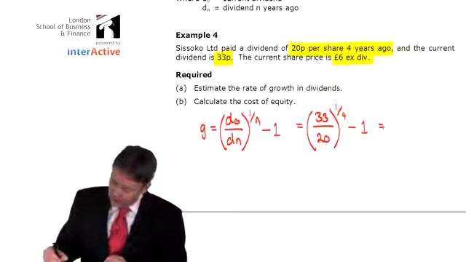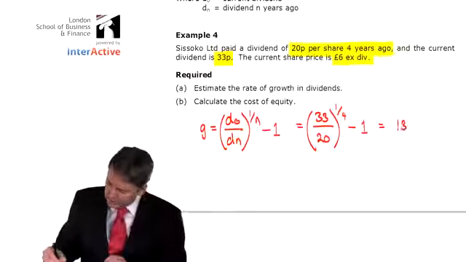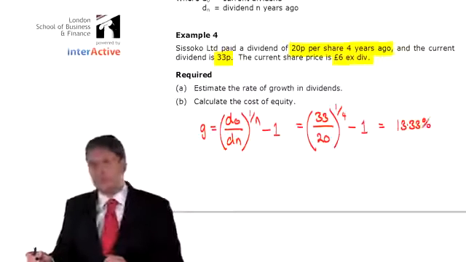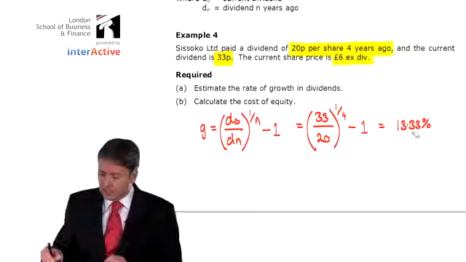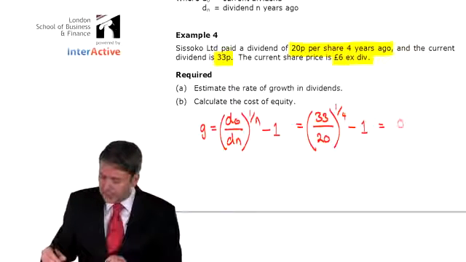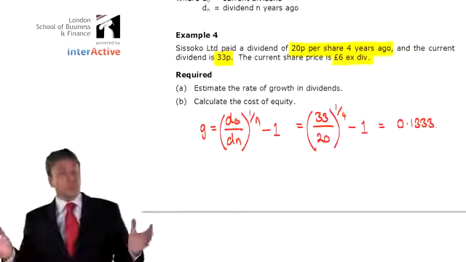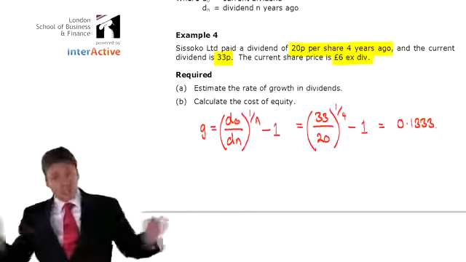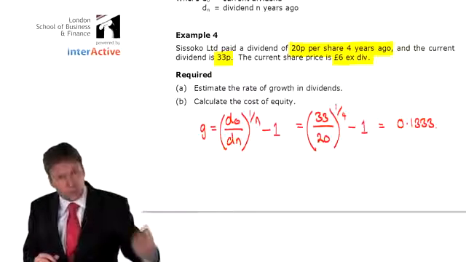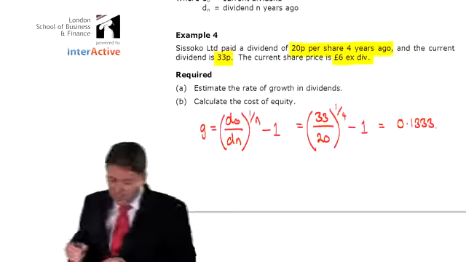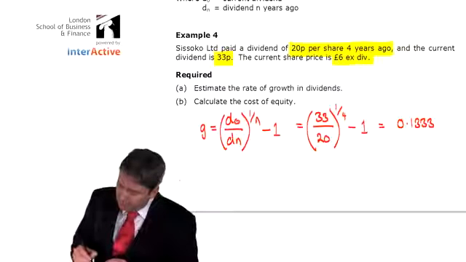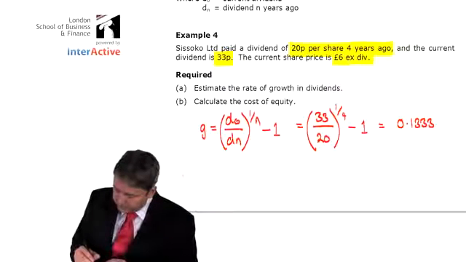If we do so, this comes to something like 13.33%. You don't have to write it like that. It comes out of your calculator as 0.1333, and maybe that's how you want to leave it, because you're going to put it straight into the next formula.